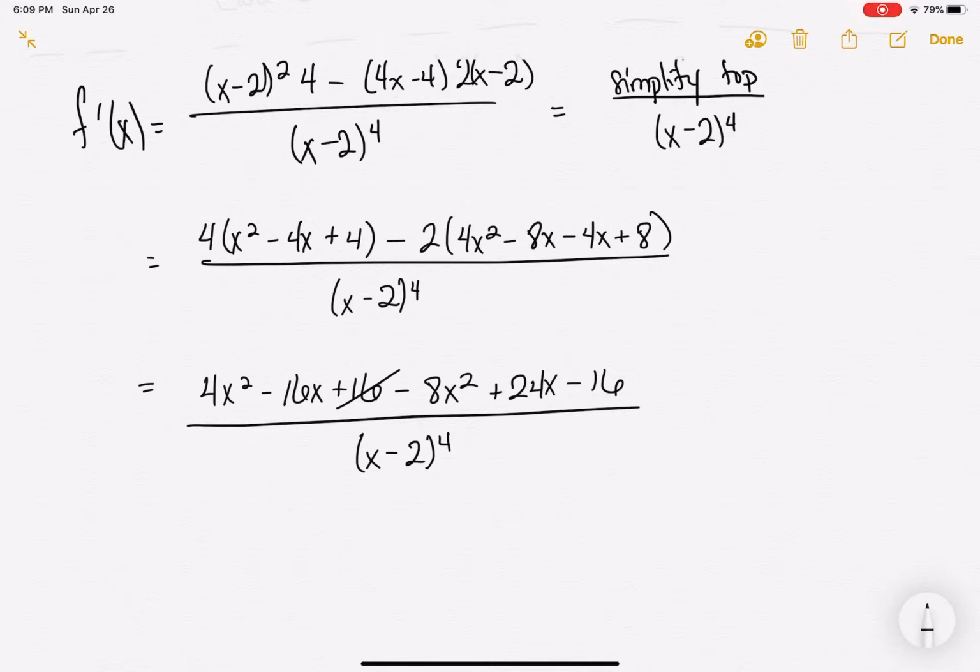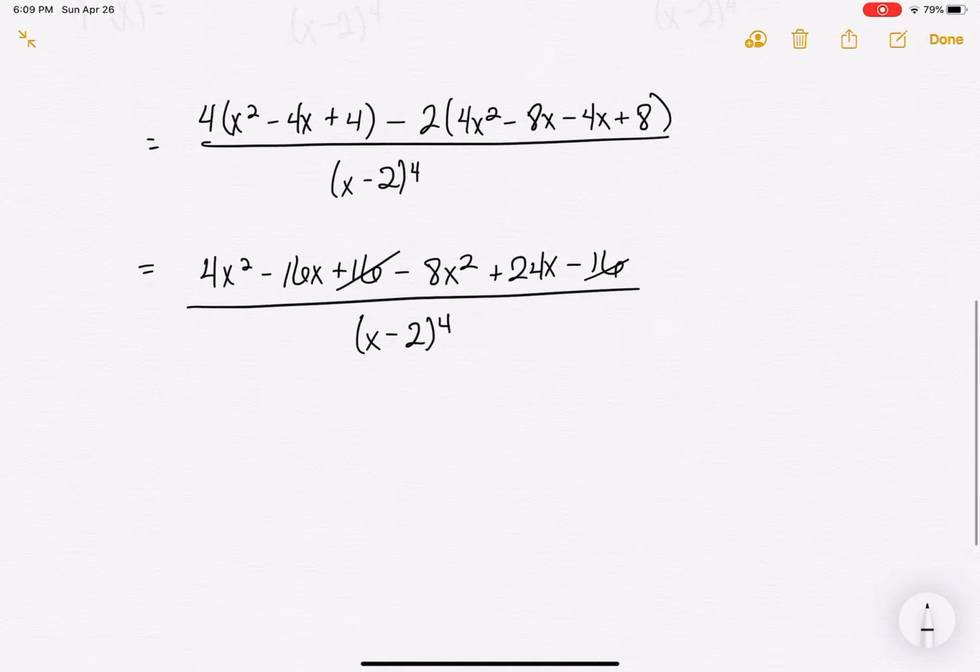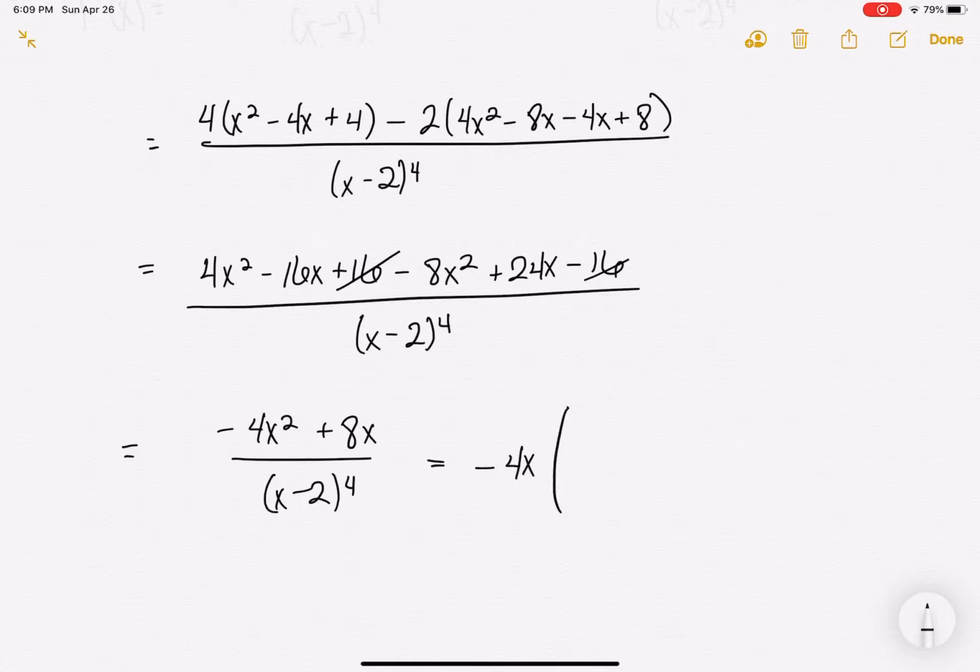These cancel. And what are we actually left with? We're left with negative 4x squared, minus 16 plus 24 is plus 8x, over x minus 2 to the fourth. I can factor out a negative 4x from this, and I'm left with x minus 2 over x minus 2 to the fourth.